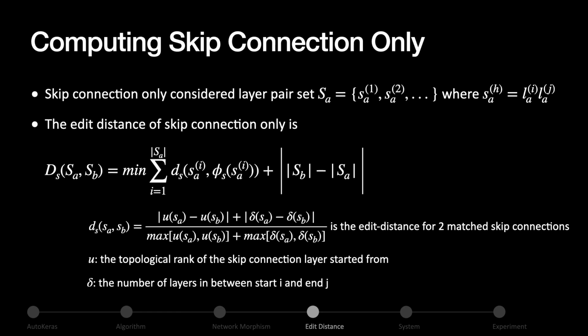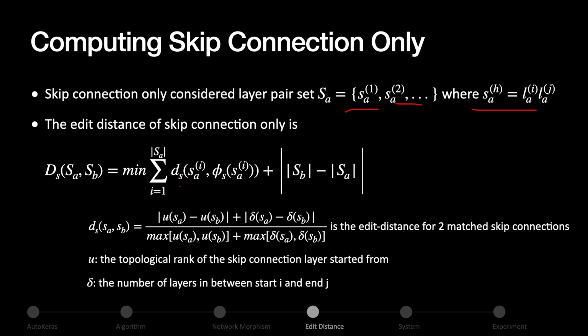Next is the added distance for skip connection only. Skip connection only distance considers layer pair sets SA1, SA2, etc., where SAH is equal to the pair of LAI and LAJ. The added distance of skip connection only also consists of two parts.